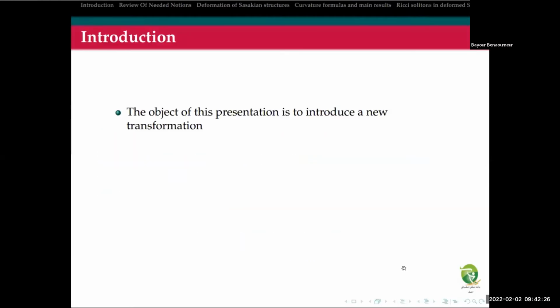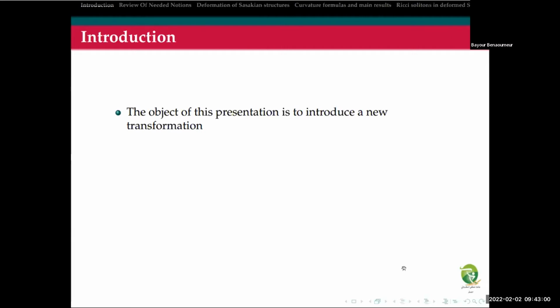Introduction. The object of this presentation is to introduce a new transformation of almost contact metric manifolds. Firstly, starting from a Sasakian manifold, we construct another Sasakian manifold and prove some geometric properties. Secondly, we study Ricci solitons in a Sasakian manifold under this deformation.